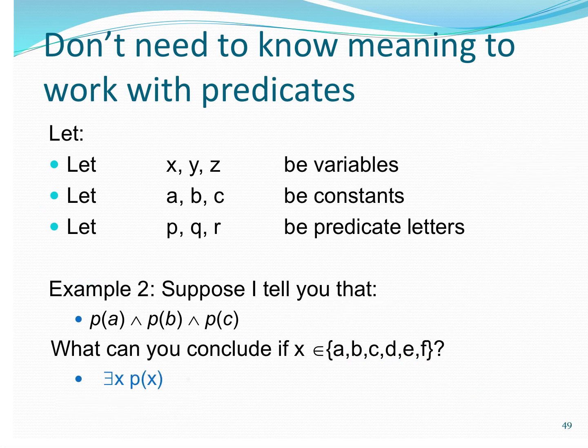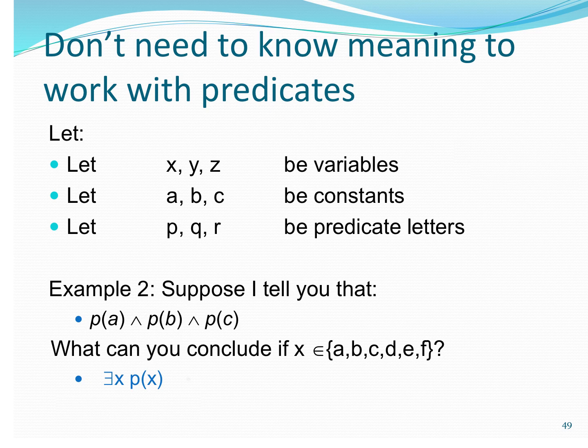Well, I can tell you that there's at least one X such that P of X. In fact, if my domain is A through F, I could say there's at least two or at least three, because I know it's true for three things. What I can't conclude is that all of these are P of X or aren't P of X.